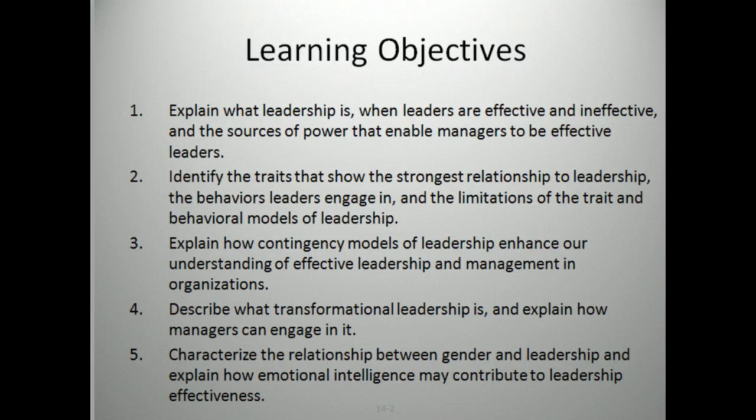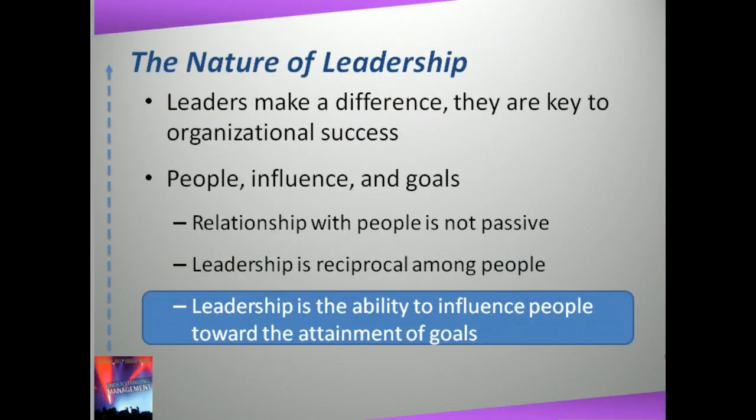So, let's start out by discussing what leadership is and why it's important to management. If you contrast the leadership styles of Pat McGovern, who is the founder and chair of International Data Group, a technology publishing and research firm that owns magazines such as CIO, PC World and Computer World, for those of you who are tech gurus, these are magazines that you'll probably read.